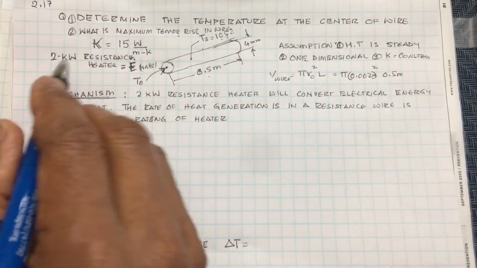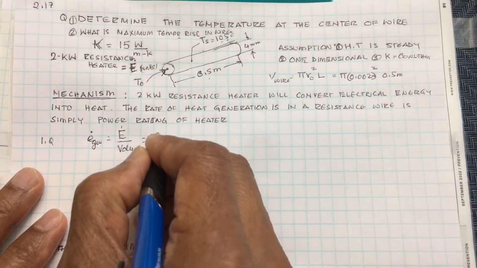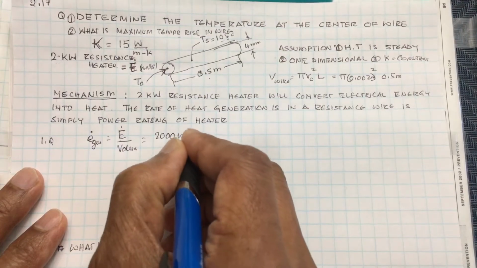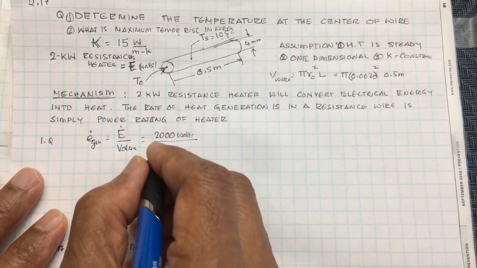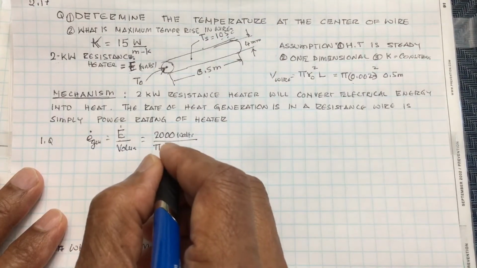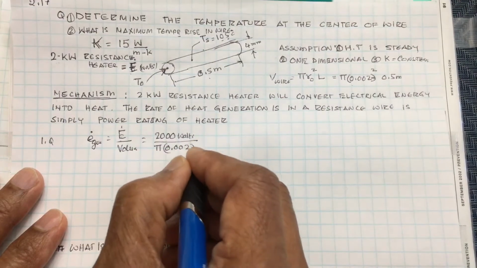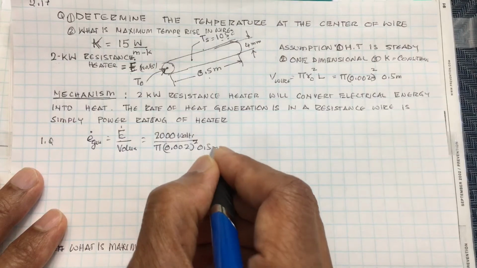Since we know total heat generated is 2 kilowatts, which is 2000 watts, let's put that into watts here, and the volume is area, pi radius square, I'm putting everything in meters here, times the length of the wire.